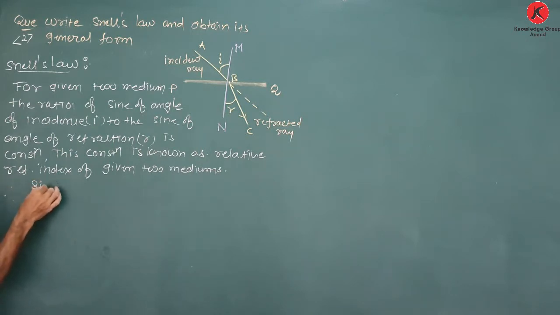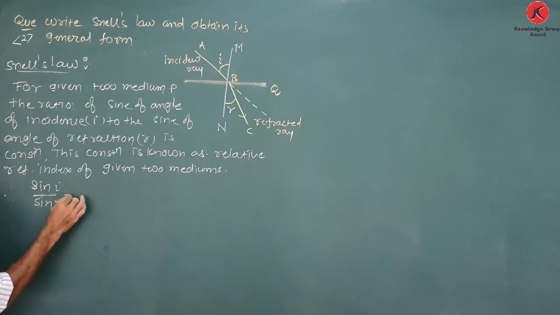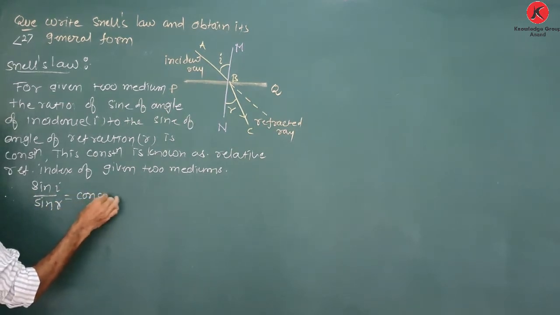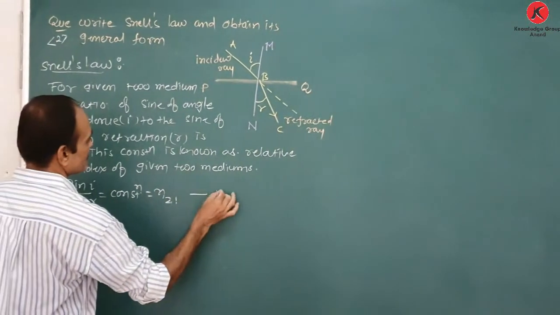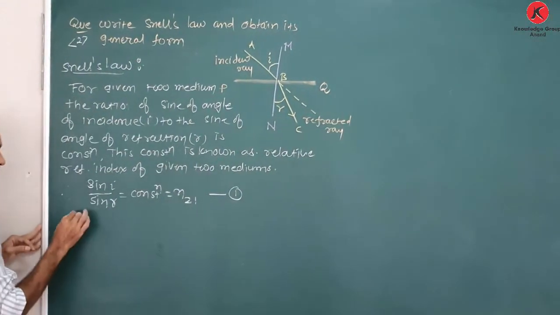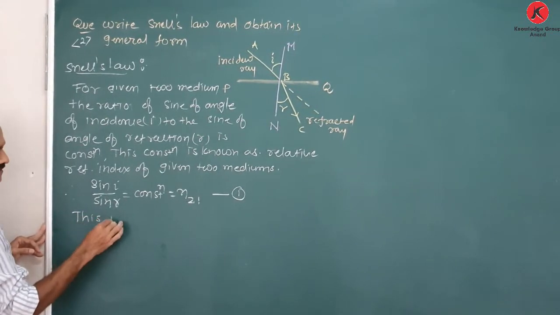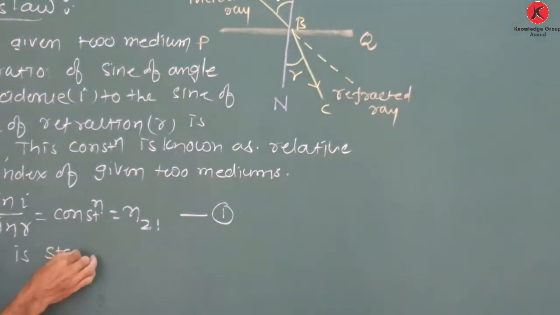Therefore, sine I upon sine R is constant and is equal to n21. That is equation 1. This is the statement of Snell's law.